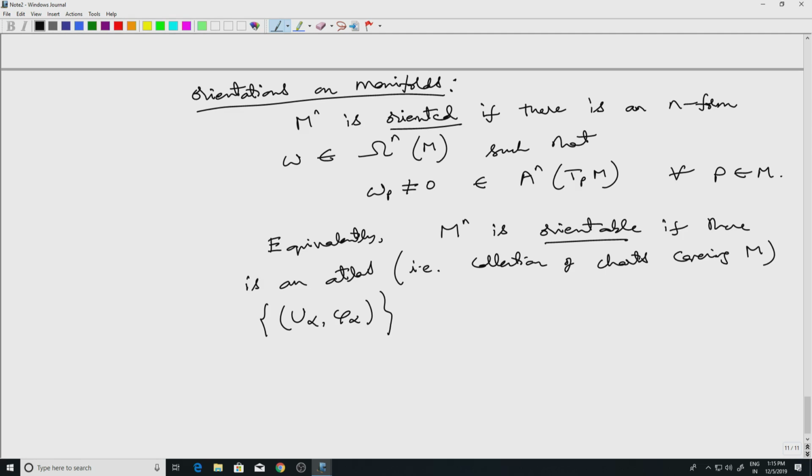There's an atlas such that the derivative of the transition functions, so whenever we have a transition function, that will be phi beta composed with phi alpha inverse.